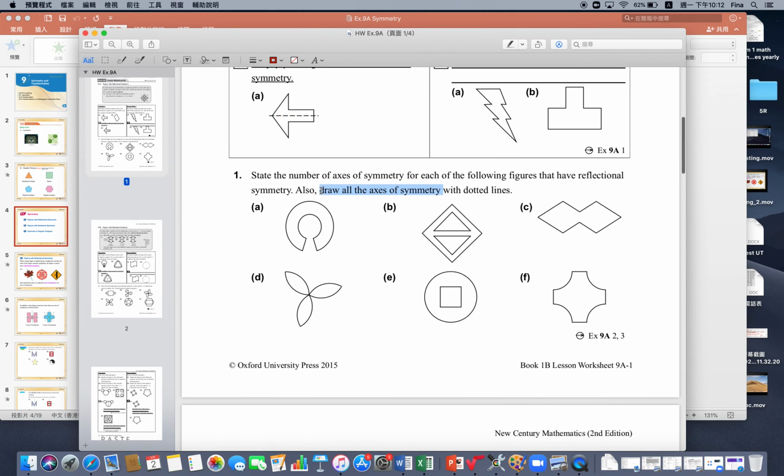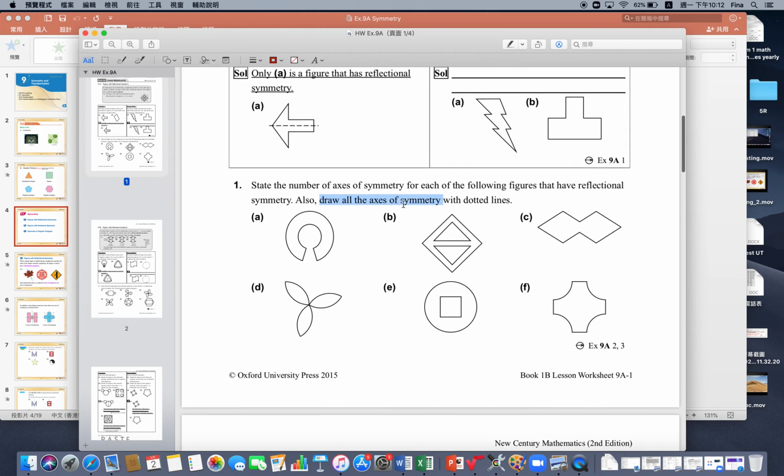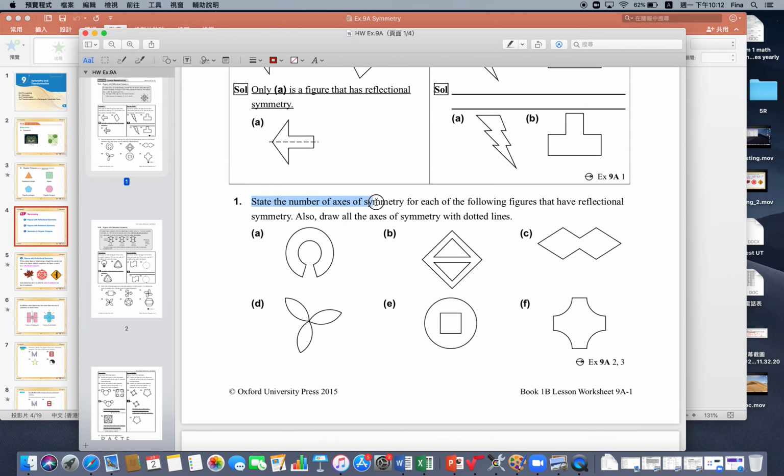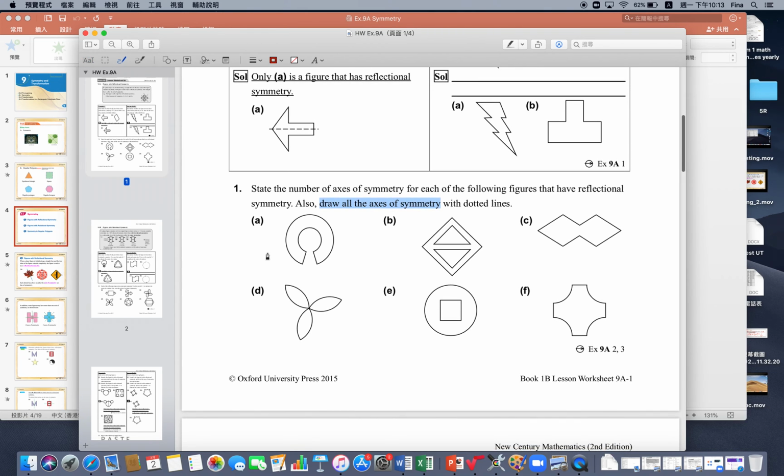First, state the number of axes of symmetry, and next, draw all the axes of symmetry. For example, for the first figure, you have to state the number of axes of symmetry. I think for this, you may simply write down the number 1 here.